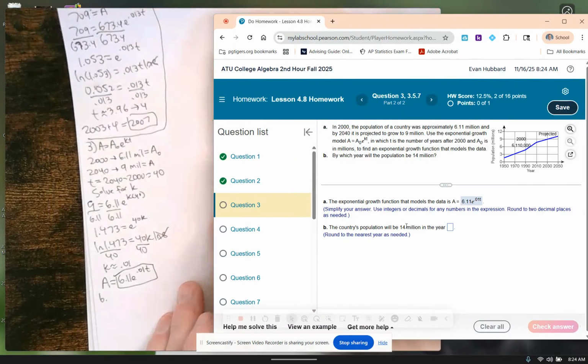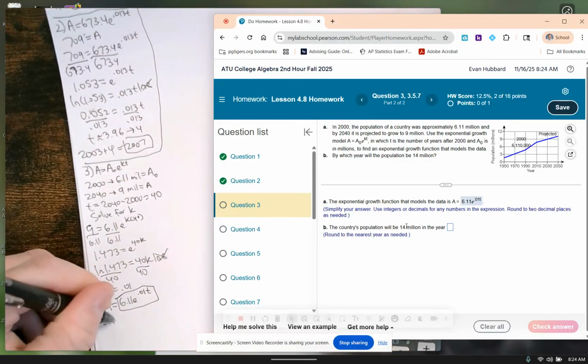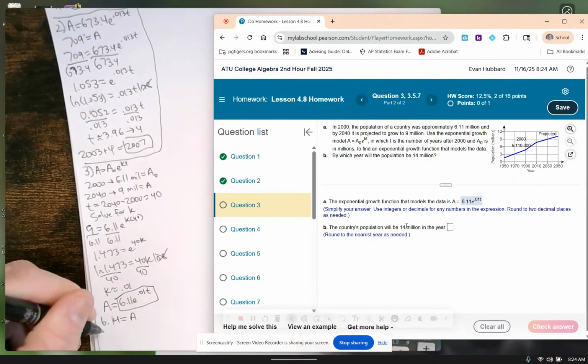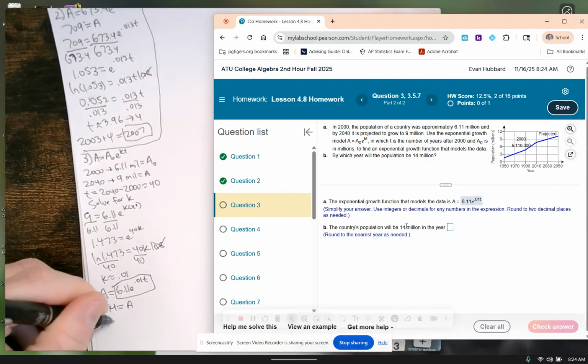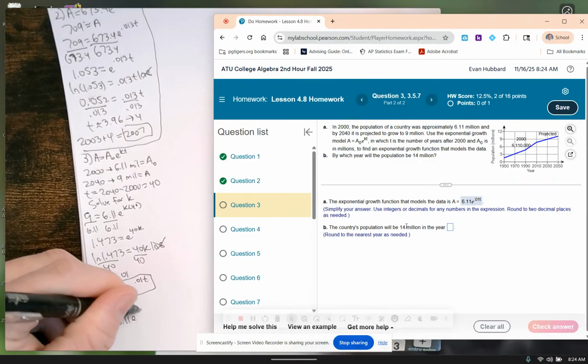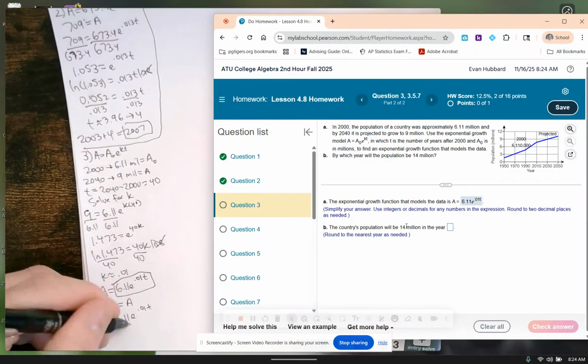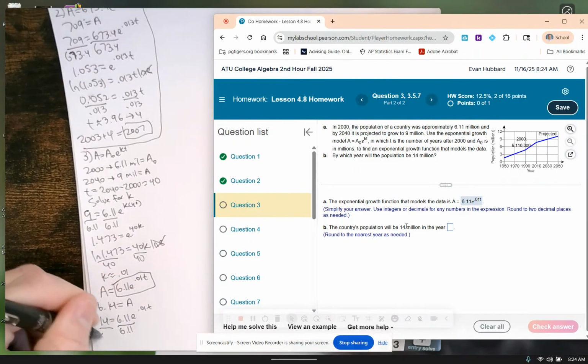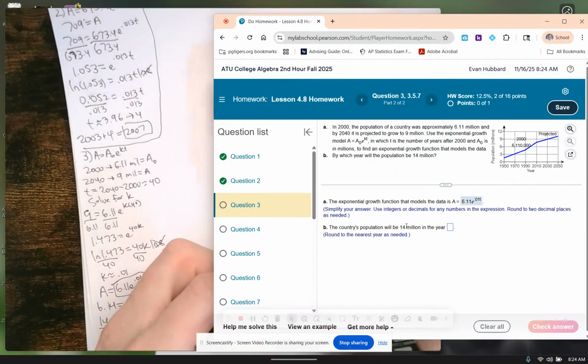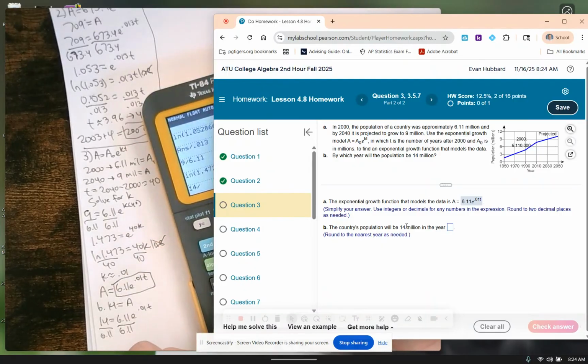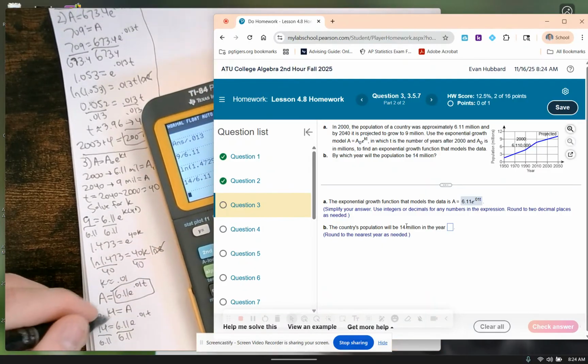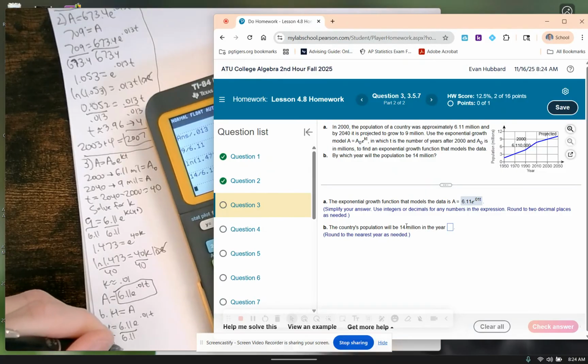So when will it be 14 million? 14 equals A. So 14 equals 6.11 e to the 0.01t. I'm going to divide by 6.11, and then 14 divided by 6.11, 2.29 equals e to the 0.01t.